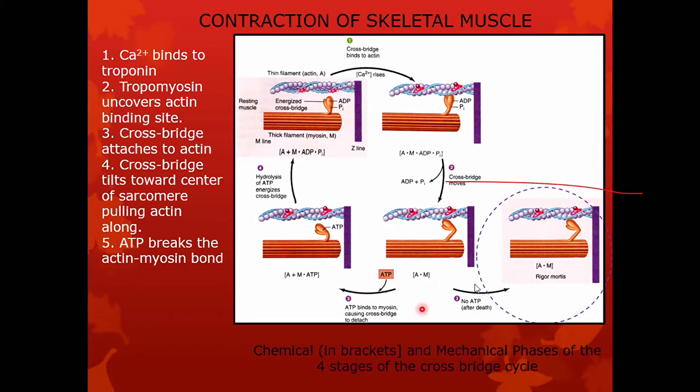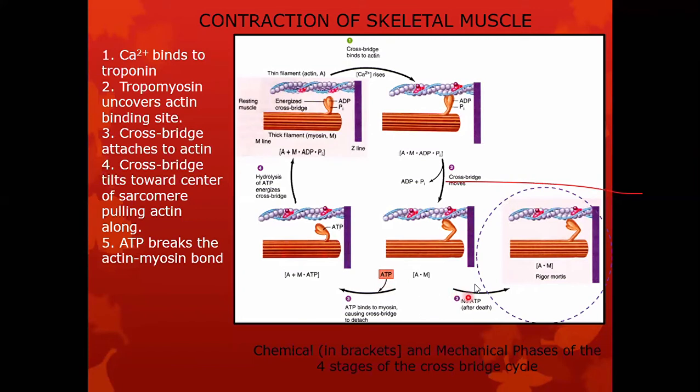If there is no ATP formed after death, it will remain in its attached form, okay? The cross bridge can no longer detach because there is no more supply of ATP, because death has ensued.